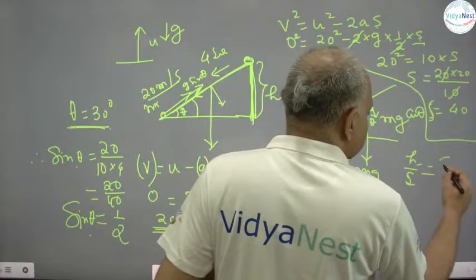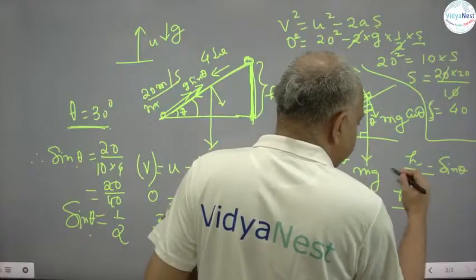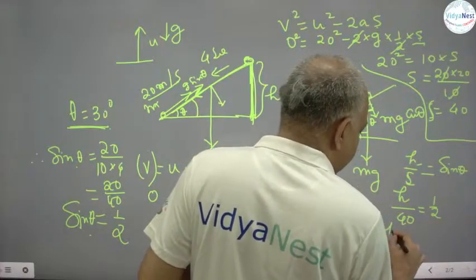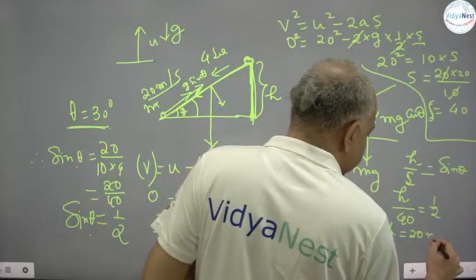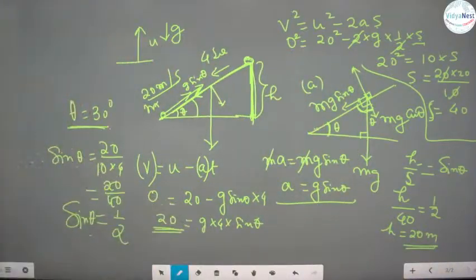So h divided by 40 is equal to half, and h is equal to 20 meters. The height is 20 meters in this inclined plane.